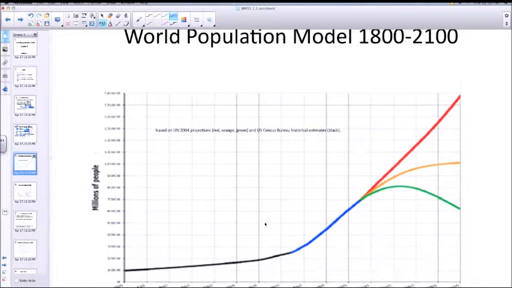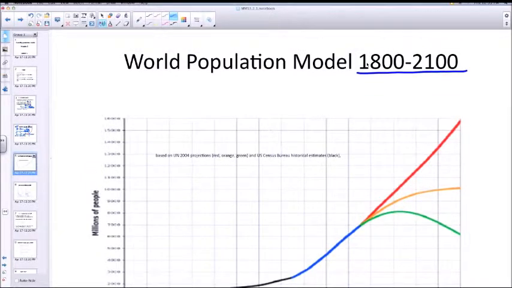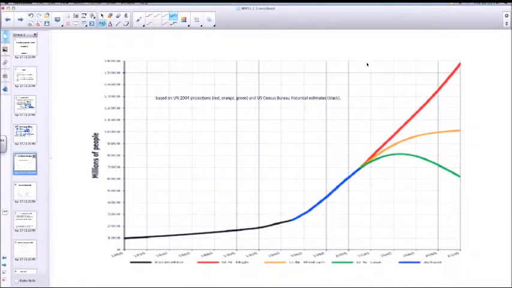Before we jump to any conclusion, let's look at the real world population from 1800 to 2100, about 200 years in the past, 100 years in the future. So this curve gives you 3 different colors.